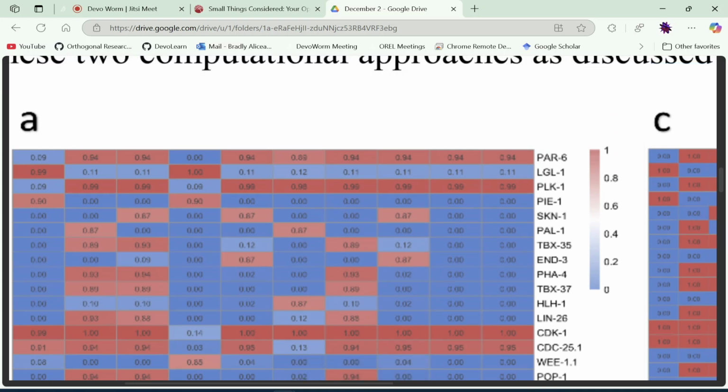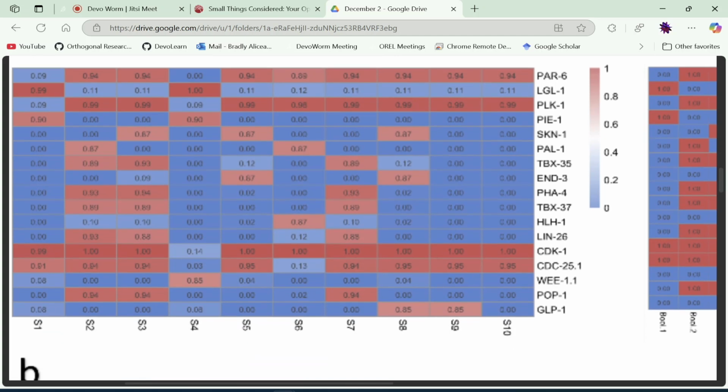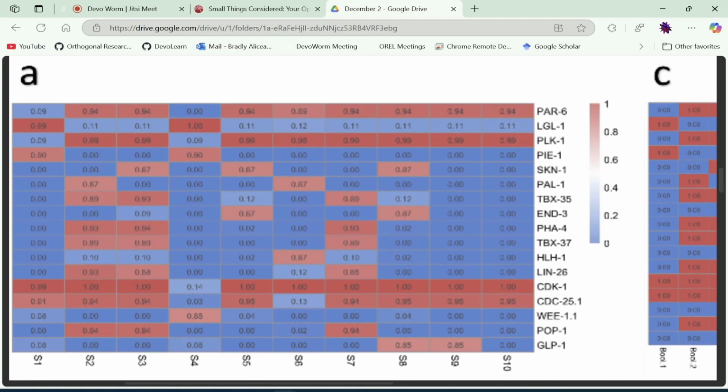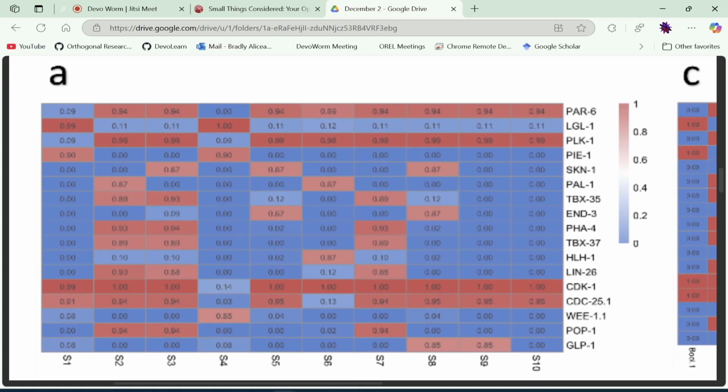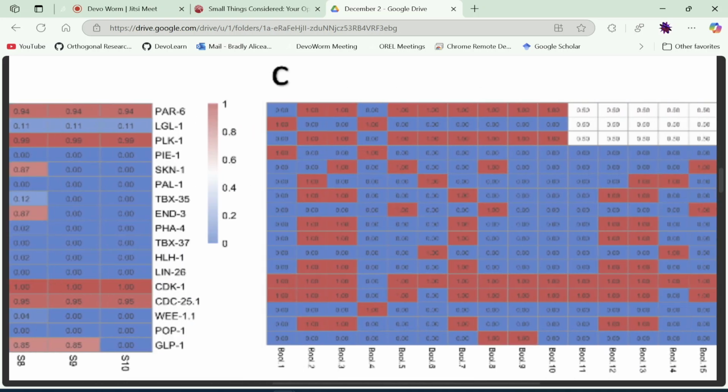So you see that CDK1, for example, has a lot of 1 values or 0.99 values for the different steady states. Then you have some steady states that have a lot of inactivity of genes, and some steady states that have a lot of high activity of genes. So it's interesting what some of these steady states are coming out with.